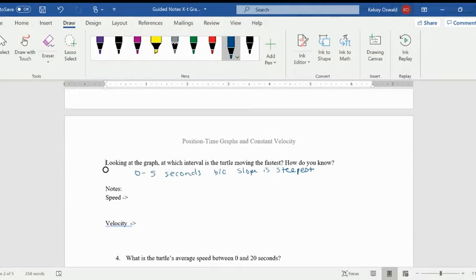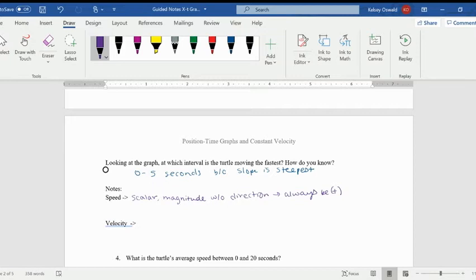With our speed, this is going to be linked to distance. Speed, like distance, is going to be a scalar quantity. That means it's going to have magnitude, a value with no direction. So we're going to treat everything as positive here, so your speeds will always be positive.